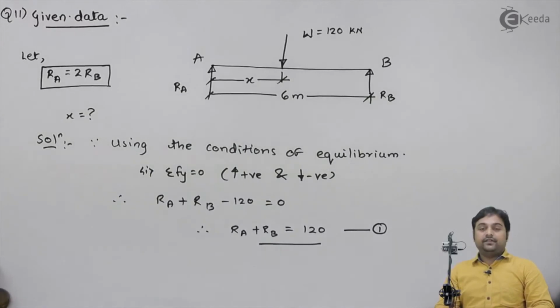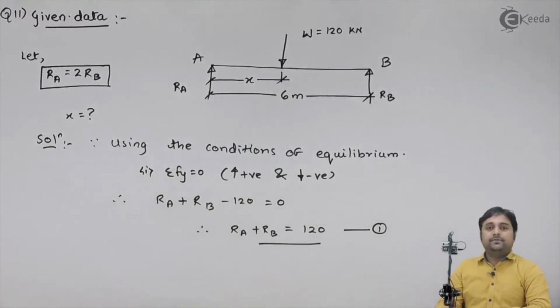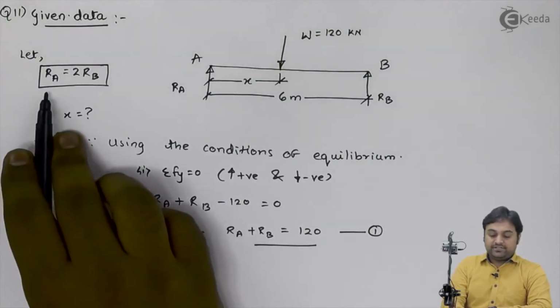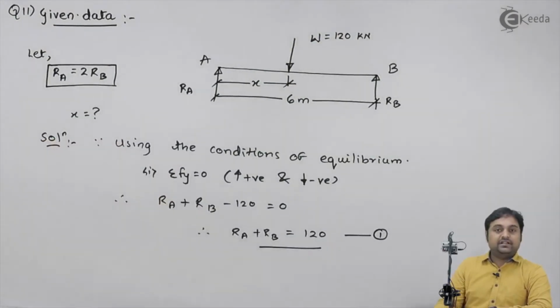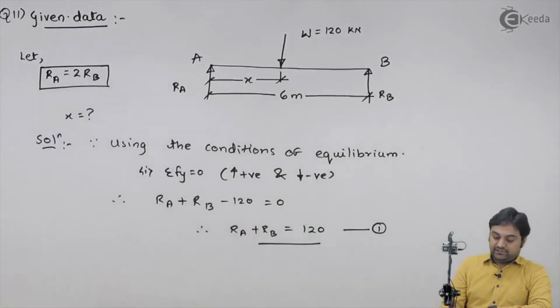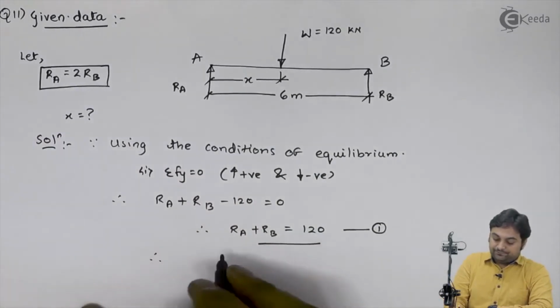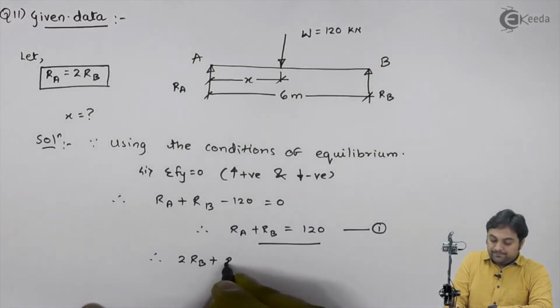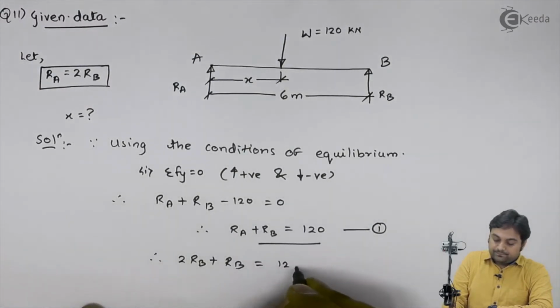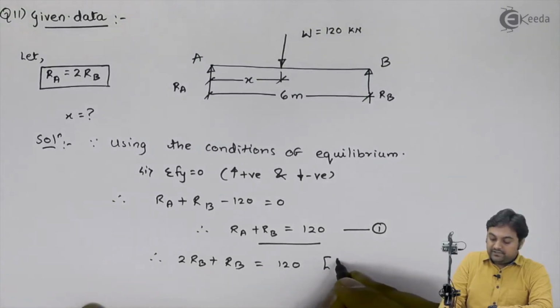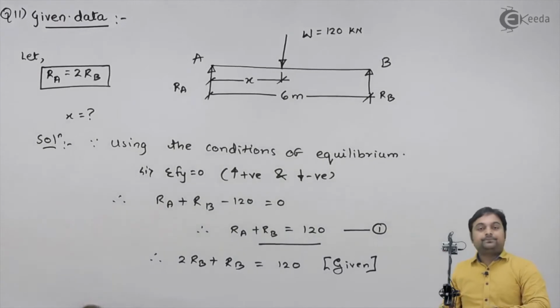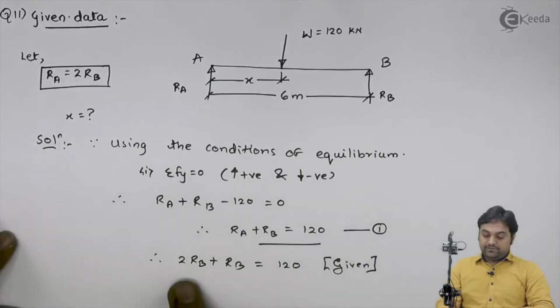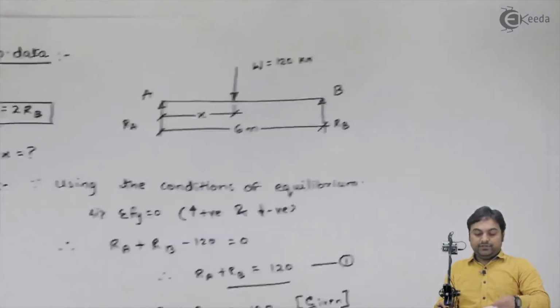The second condition I will use is to calculate the summation of moments, but before that, it is given that one reaction is twice that of the other. So instead of RA I will write 2 times RB. Now this will be 3 RB is equal to 120.